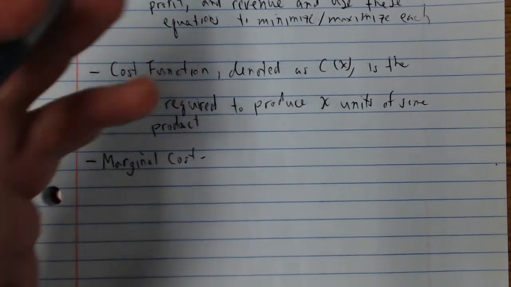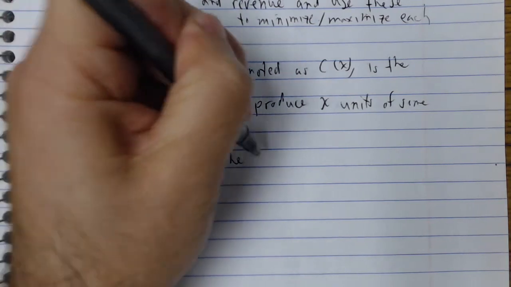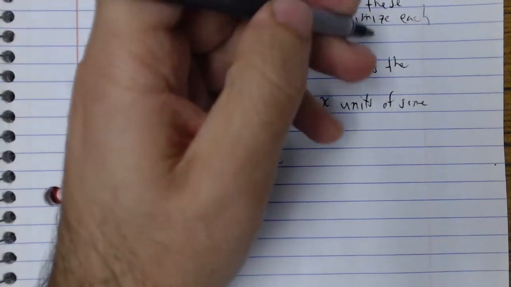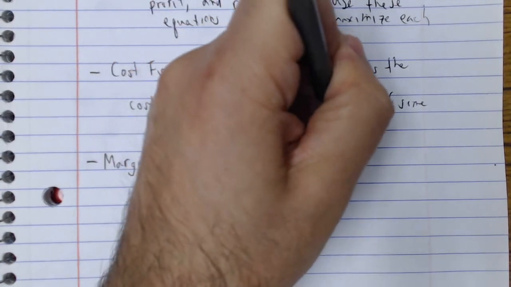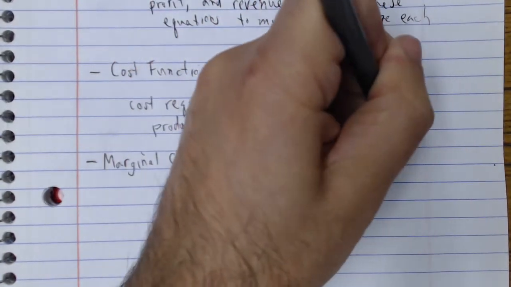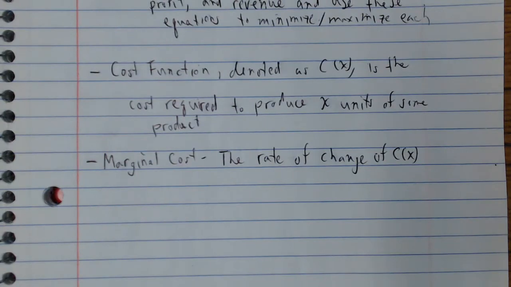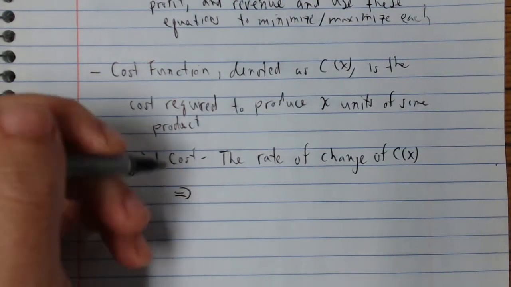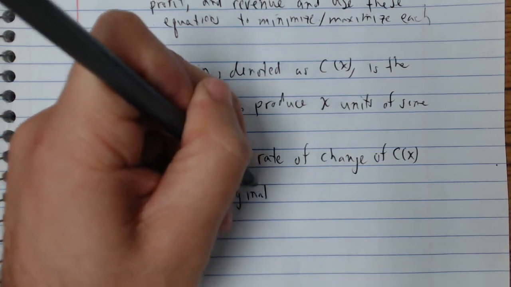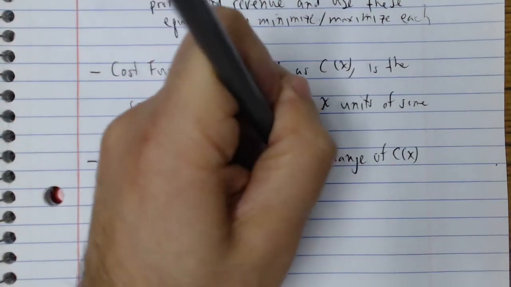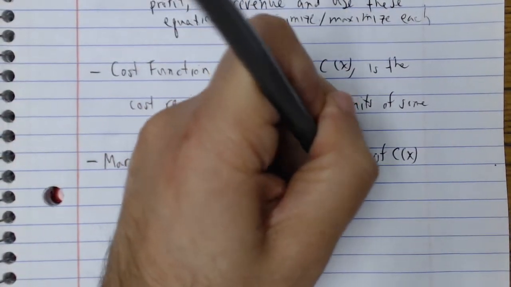So by definition, the marginal cost is the rate of change of C of x, which is our cost function. So what does this imply? What we're saying is that marginal cost equals C prime of x.